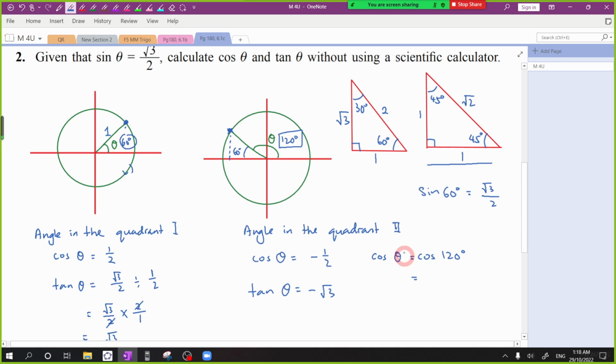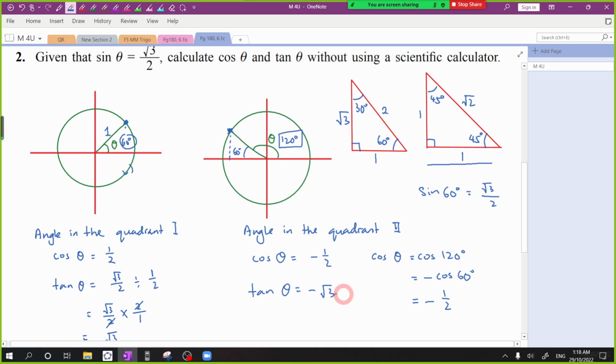The reference angle is 60 degree, right? Cosine 60 degree. Then we think, should we add a negative sign? Yes, because in this quadrant only sine is positive. ASTC. Now we are talking about cosine, we need to add a negative sign. Then refer back to this triangle. CAH. Copy the negative sign. Cosine 60 degree is equal to adjacent divided by hypotenuse, which is 1 over 2. We get the same answer.